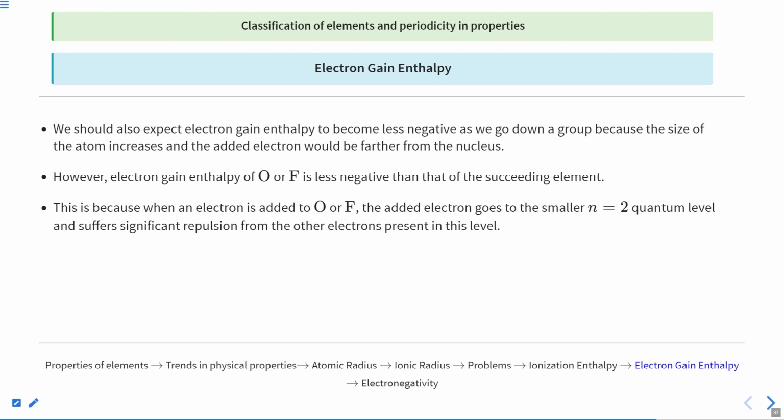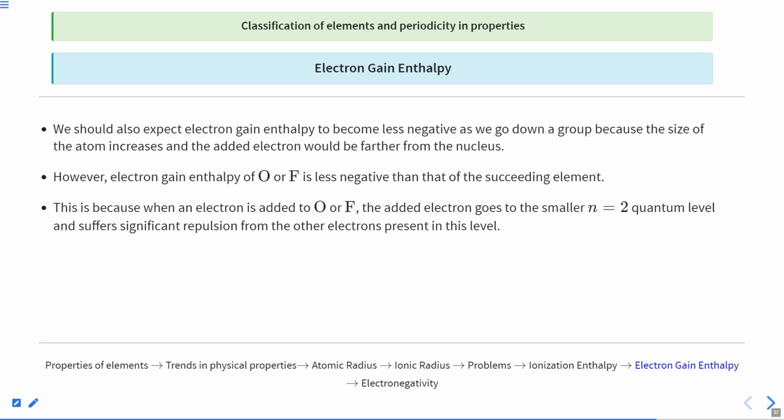So we should expect a more negative electron gain enthalpy. However, the electron gain enthalpy of oxygen or fluorine is less negative than that of the succeeding element. We'll talk about electronegativity also, and due to the fact that they will gain a stable electronic configuration.